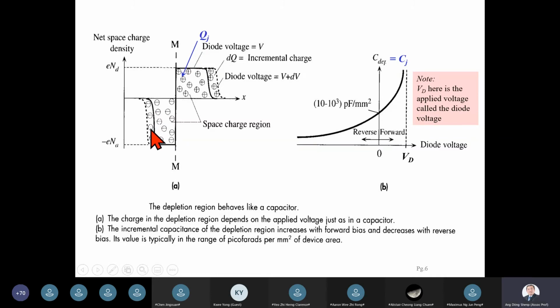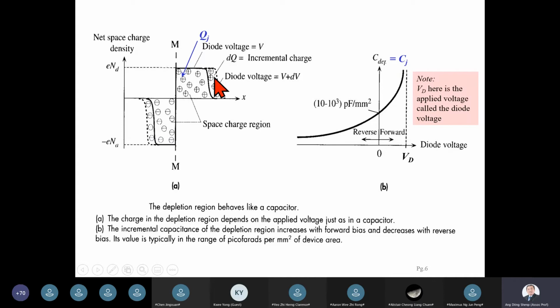Now, if you look at it carefully at this point, you can try to visualize as though there are two parallel plates, right? One is a positive plate, denoting a certain amount of change of the positive space charge on the N side. And there is another plate, a negative plate, containing a certain amount of change of the space charge on the P side.